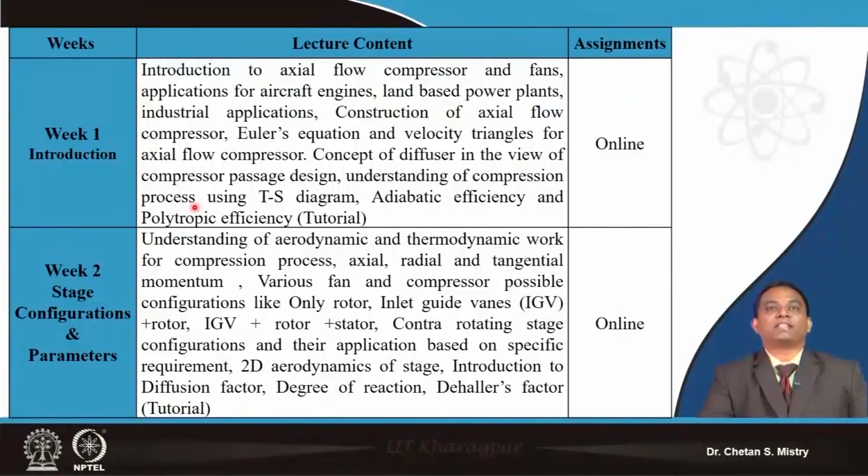This compressor is basically a fluid compressing device, and it requires special attention in terms of aerodynamics, so we will discuss that part. Then we will represent the compression process on a T-S diagram. We will discuss adiabatic efficiency and polytropic efficiency, and we will solve one numerical problem.